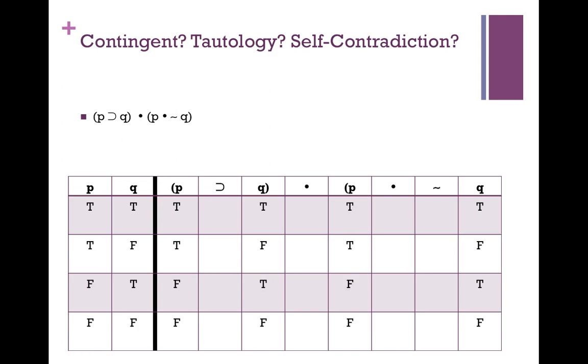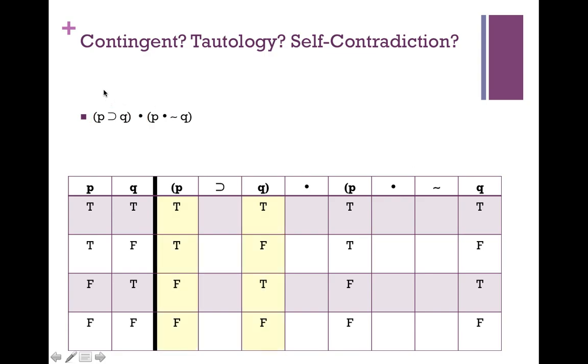Now, we should have done this already: figure out what our main connective is. Our main connective, hopefully you can see, is this conjunction right here. So we're going to fill in its truth value last. We begin by filling in the truth values of the other connectives, starting with connectives of least scope. We can start wherever we want, either within these parentheses or within these parentheses. I'm going to start us off here.